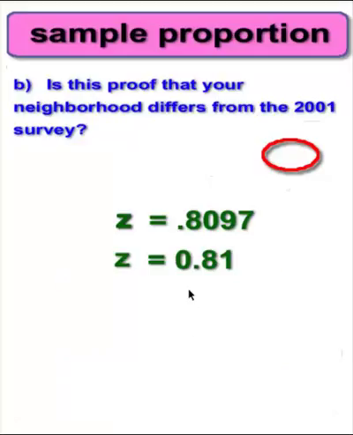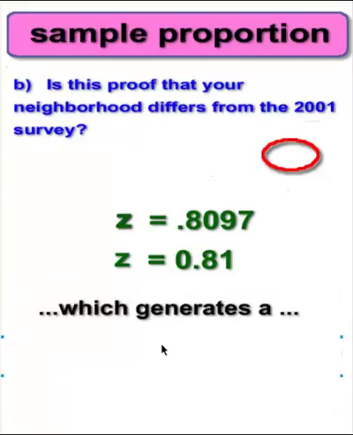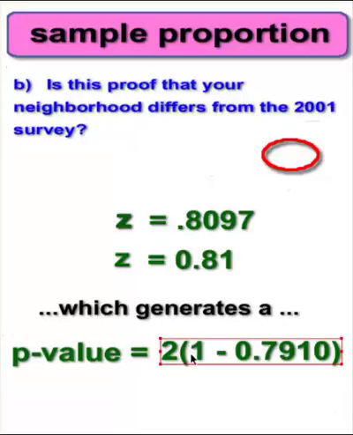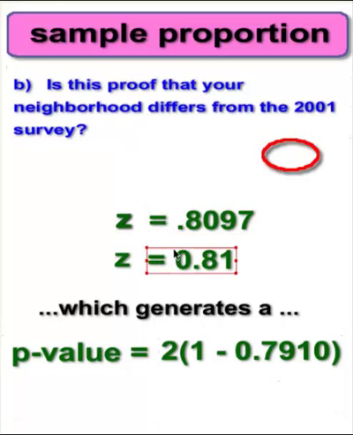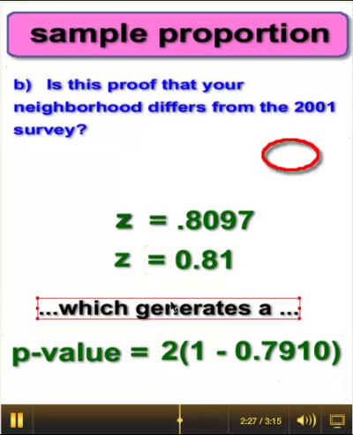So you're going to look that up, and it's going to generate a p-value. Remember, this is a not equal to problem. So since it's a not equal to problem, you have to pretend that the z-score is the absolute value of this, and the probability is greater than that.